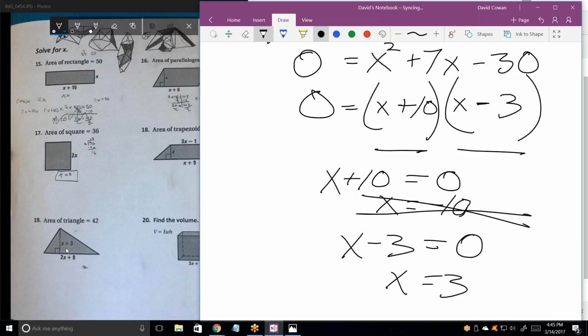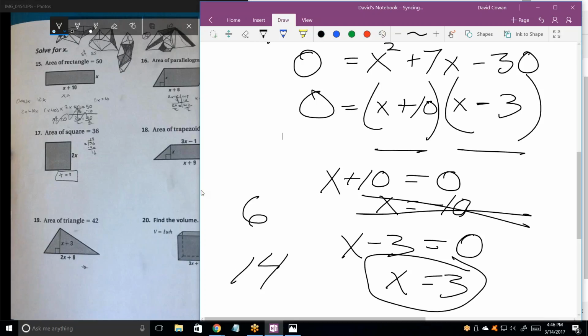And I'm going to go with the only solution that works, where x is equal to 3. And that's the answer to the problem, x equals 3. And you can check it. The height would be 6. The length, or the base, would be 14. 1/2 the base times the height is 7 times 6, 42. So we get the right area when x is equal to 3. Yep, sounds good.